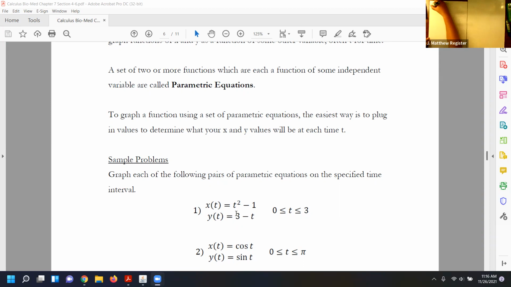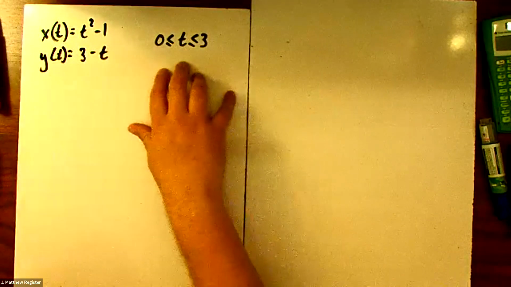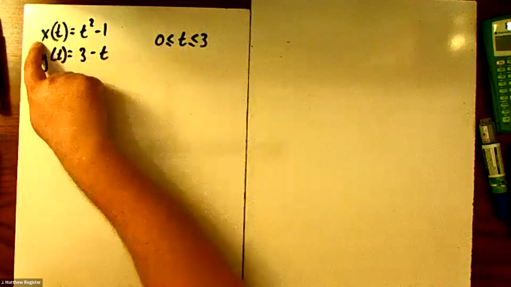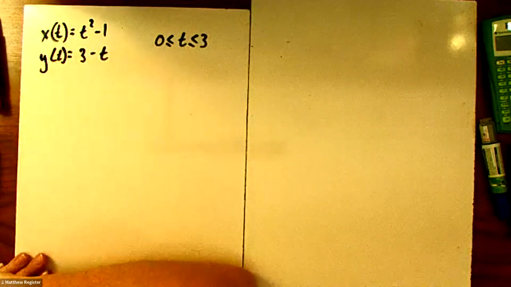x of t is equal to t squared minus 1. y of t is equal to 3 minus t. And then we're told a range for t: 0 is less than or equal to t is less than or equal to 3. Now, the way that we would approach a graph of something like this is that x of t and y of t give us an ordered pair at a particular time t.